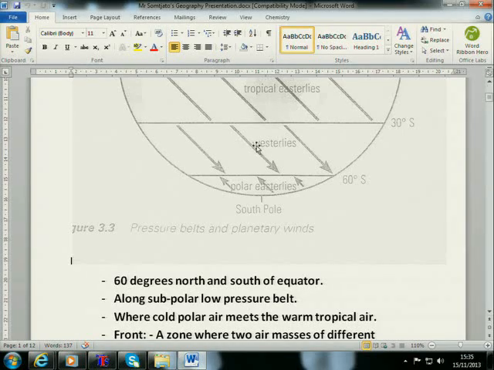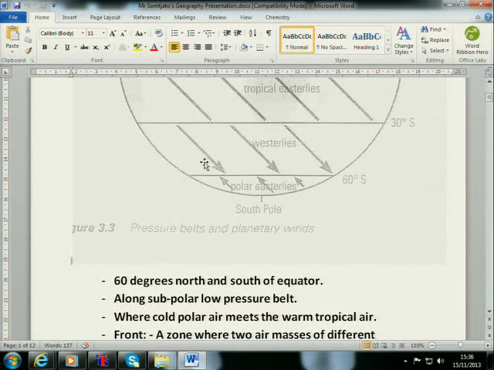Therefore, in terms of temperature, the westerlies are warmer than the polar easterlies. Now they are meeting here at the polar front. Therefore, the front resulting from this is called the polar front.